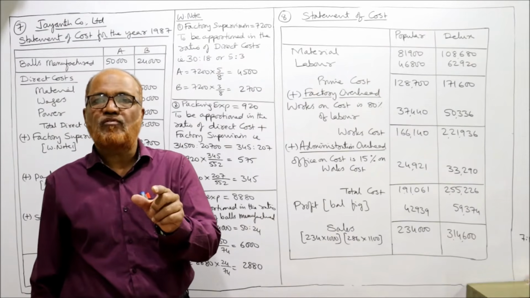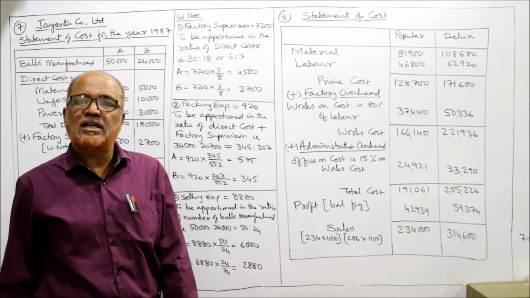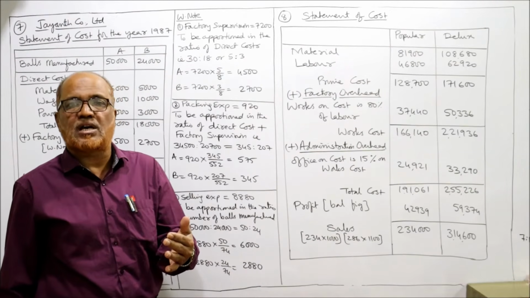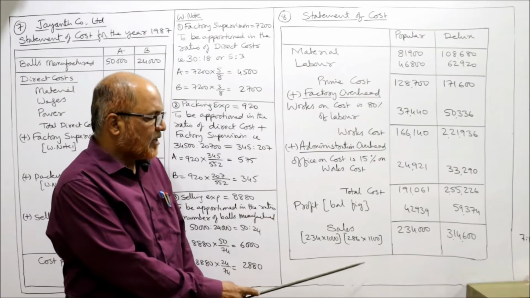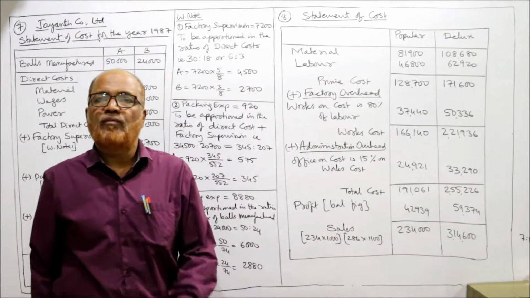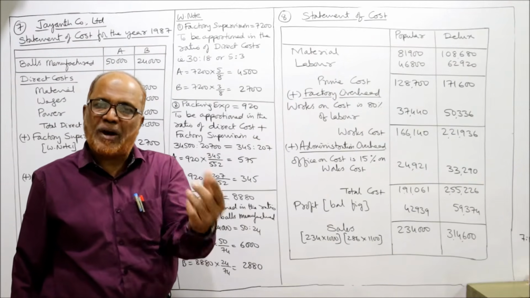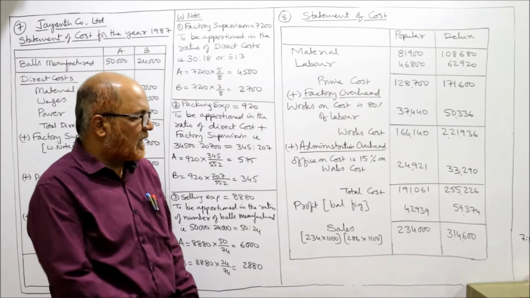These are the total sales of popular. Deluxe, 286 deluxe radio sets are sold at rupees 1,100 each. So 286 into 1,100, 3,14,600. So we got the sales and we got the total cost. So sales minus total cost will get the profit balancing figure.